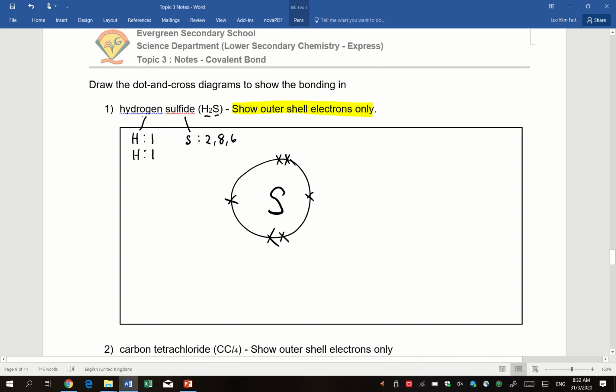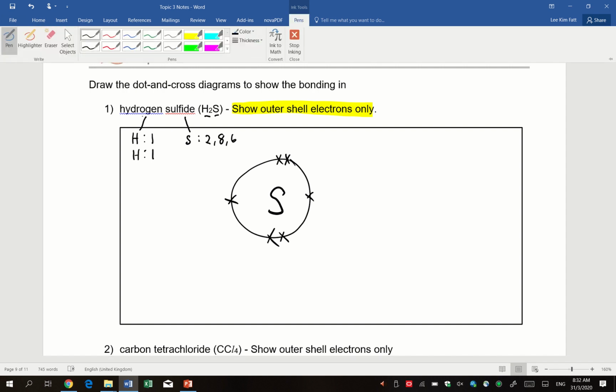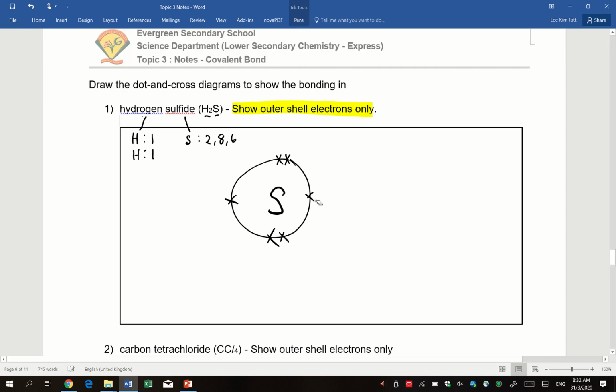Okay, so I have my sulfur atom. I'm just going to take this away so that I can draw it in later. Alright, so this will be my H2S, showing the outermost electron shell only. So please don't forget to include your key.